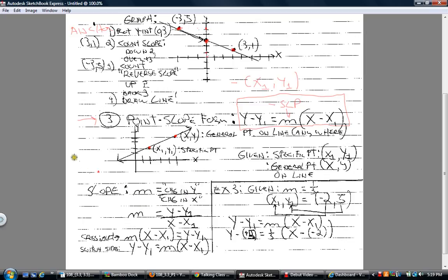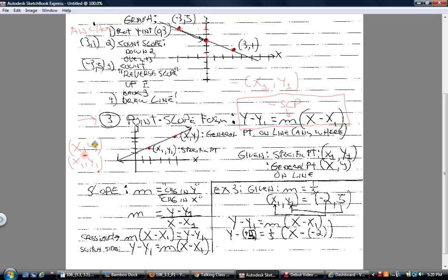And next thing you know, they took the pair x comma y, I want to put this in the right order, x sub 1 comma y sub 1, and started subtracting the y coordinates and wrote y minus y sub 1.